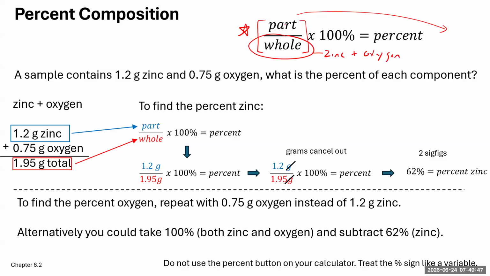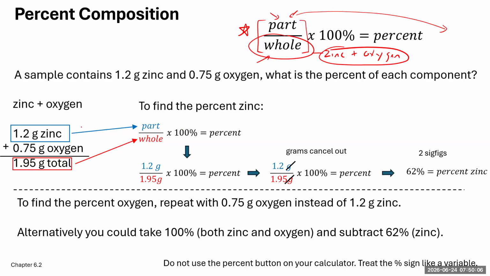The part is whatever we're choosing. So if we want to find the percent zinc, we will put zinc here. If we wanted to find percent water, we will put water here. But this has to stay the same because this is the total of the stuff we're looking for, and that's this part here.